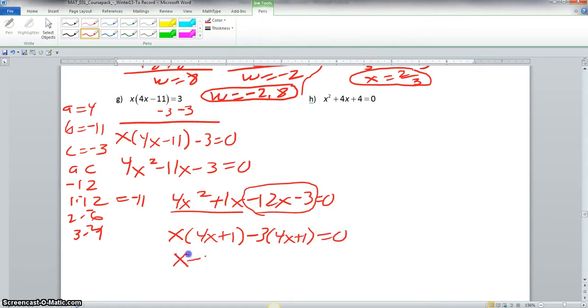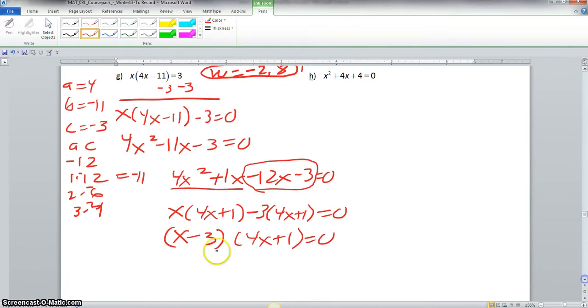So we will have x minus 3 times 4x plus 1, and they're both set equal to 0. Now, we would set both of these equal to 0, so we have x minus 3 equals 0, and 4x plus 1 equals 0.